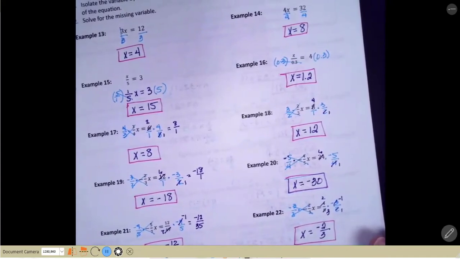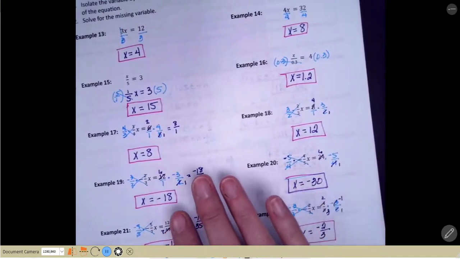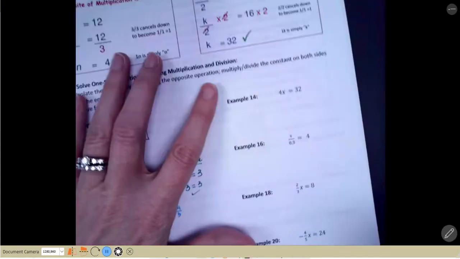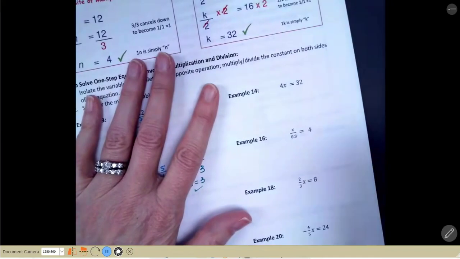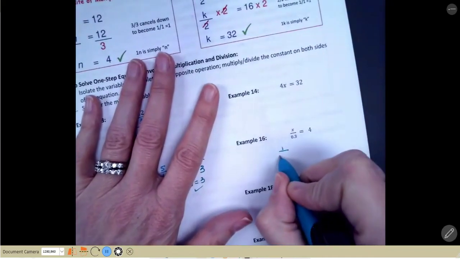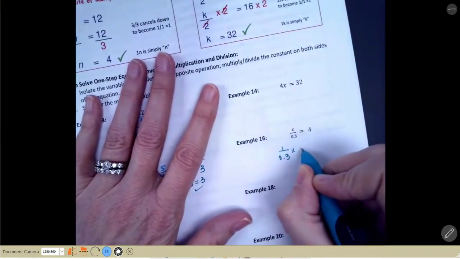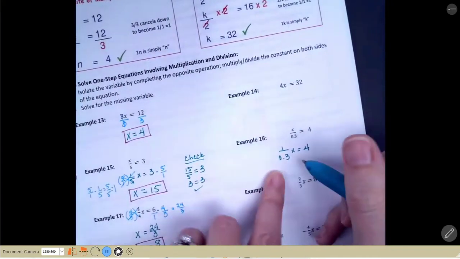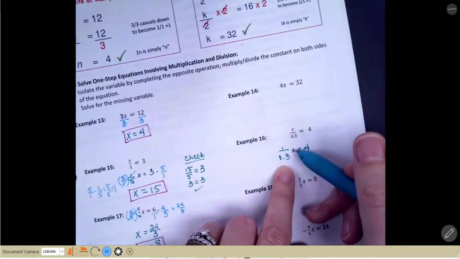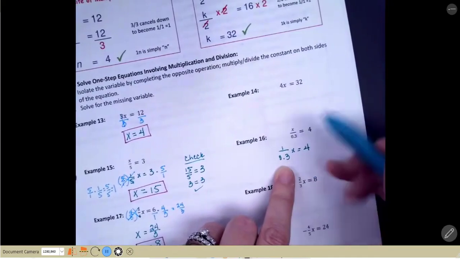Can you tell us how you did example 16? Like the steps of it? Yes. Okay. So on example 16, this is like 1 over 0.3x equals 4. So I have to do, it's like multiplying by the reciprocal.